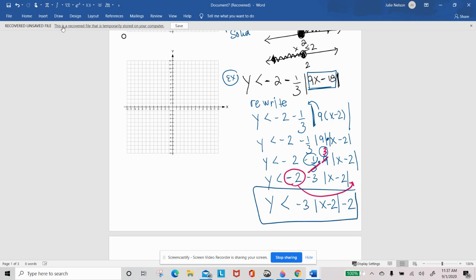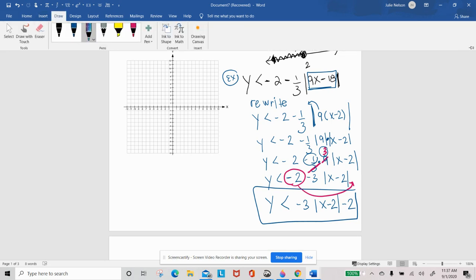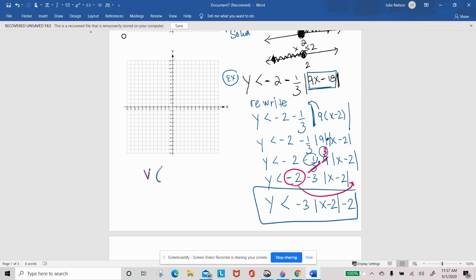So where's the vertex? Vertex is 2, comma, -2. So write 2 down 2.